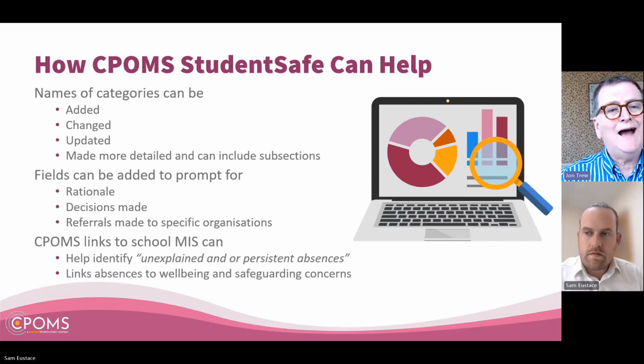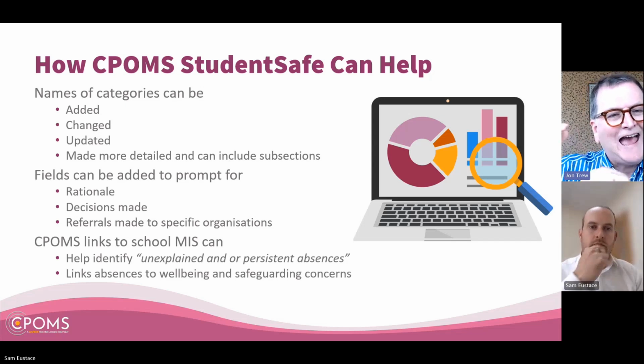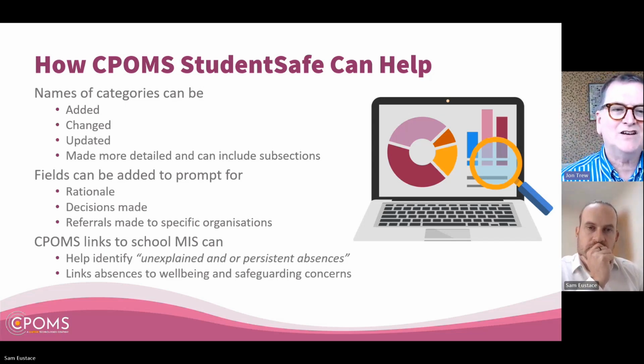And we can also add subsections. So, for instance, you could have a domestic violence category and include in that subsections: emotional abuse, neglect, physical abuse. So you can add subsections to that, so we can drill down more effectively.